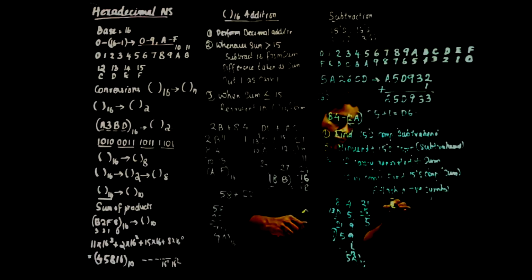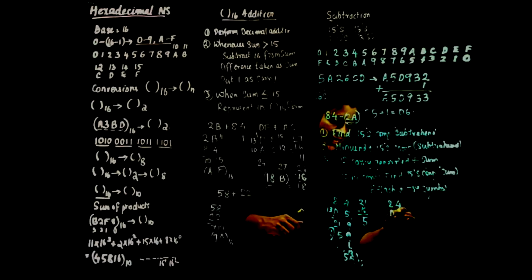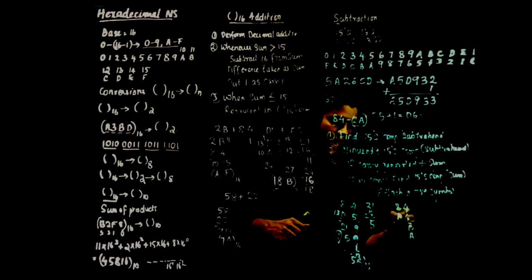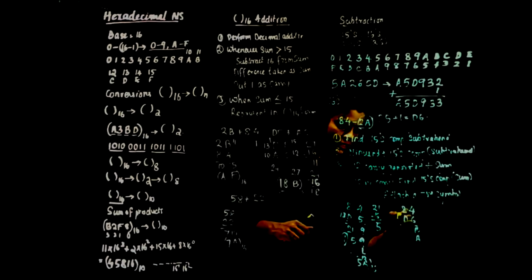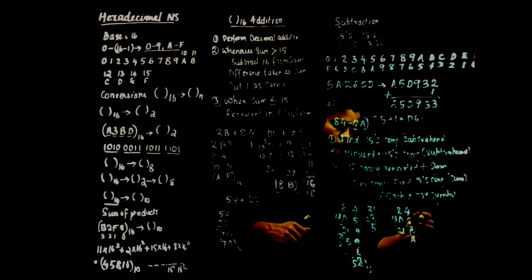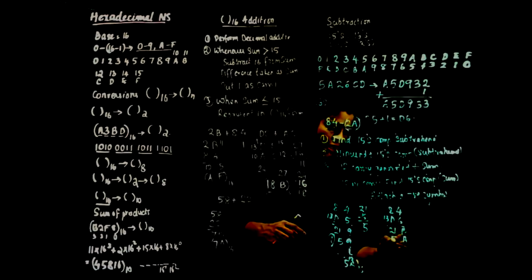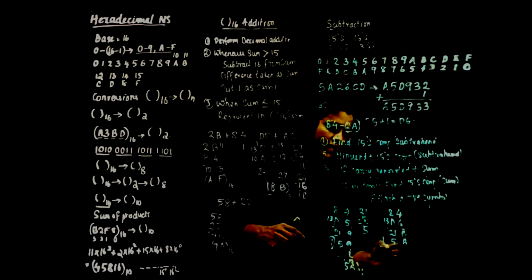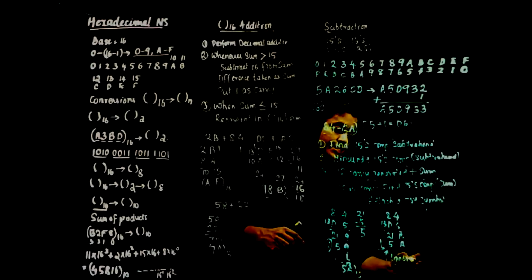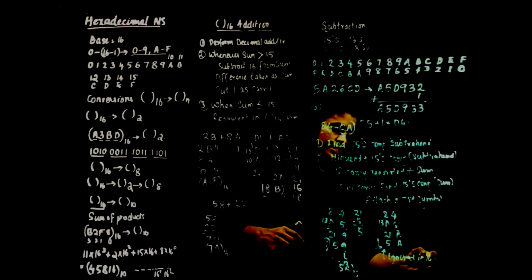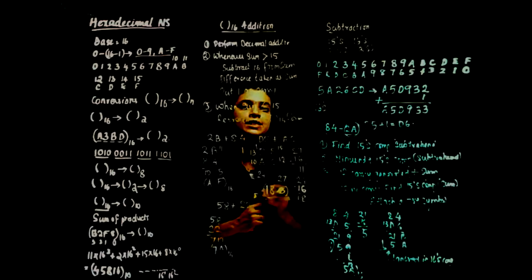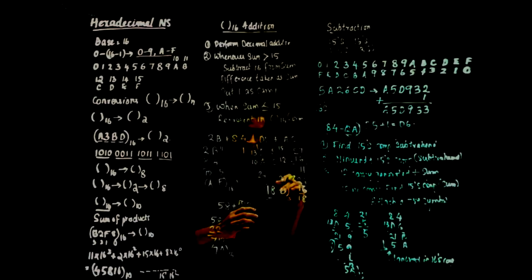So, 84 plus D6: 4 plus 6 is 10, that corresponds to A. 8 plus D is equal to 13, which is equal to 21. The corresponding representation is, we all know, 5 and 1 carry. This one is ignored. A carry generated is ignored in the 16's complement.